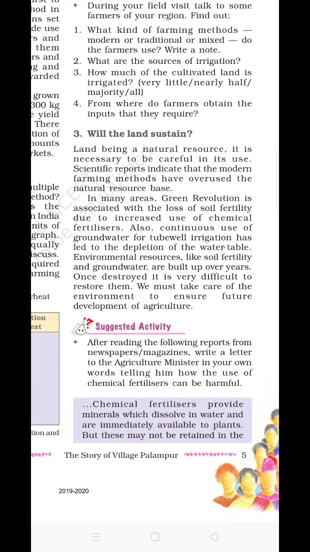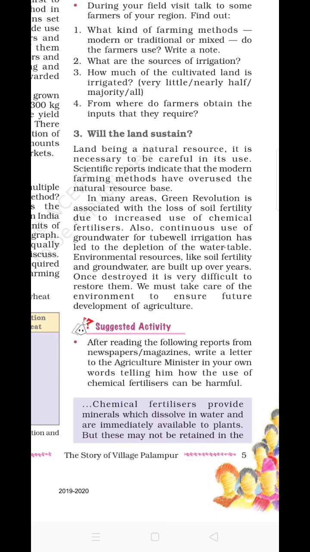So moving further, will the land sustain? What does sustain mean? We have discussed sustainable development. So what is sustainable development? Development in such a way that it does not harm our future generation. If we use such chemical fertilizers, does our land develop in such a way that we are able to use it properly in the future as well?